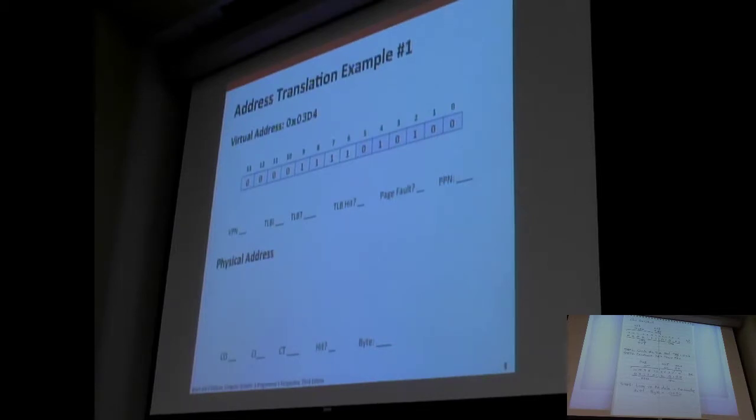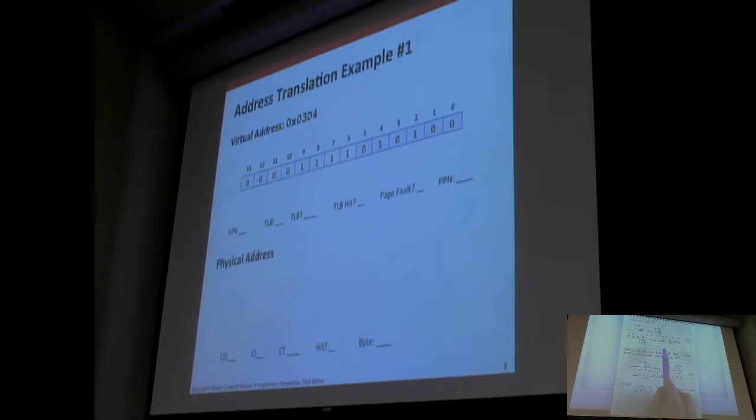Okay, so the first thing we do is we just write out the bits for this virtual address. And then we identify the different fields. So we have the virtual page offset bits, and then the remaining bits are the virtual page number.